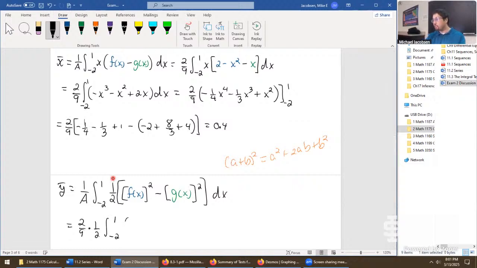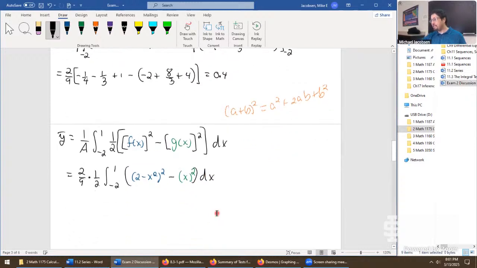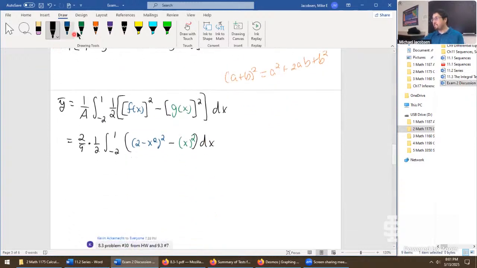Integrate from -2 to +1. If we're squaring f of x right here, it means we're squaring 2 minus x squared. Minus the g of x squared. g of x is just x, so that was not bad, but let me write it out this way to just convey something is getting squared from the prior step. dx.